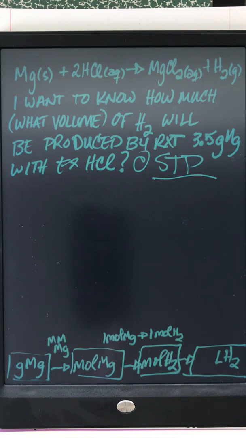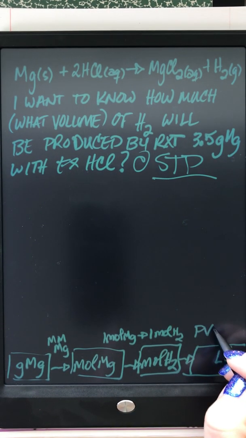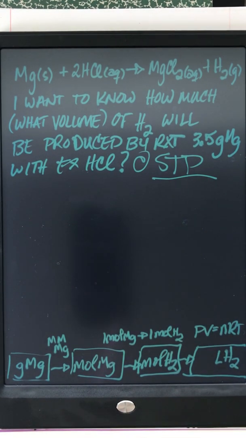Kind of. So, this is our ideal gas law, PV equals nRT. And I know that I can relate the number of moles of a gas to the volume of a gas using this equation.